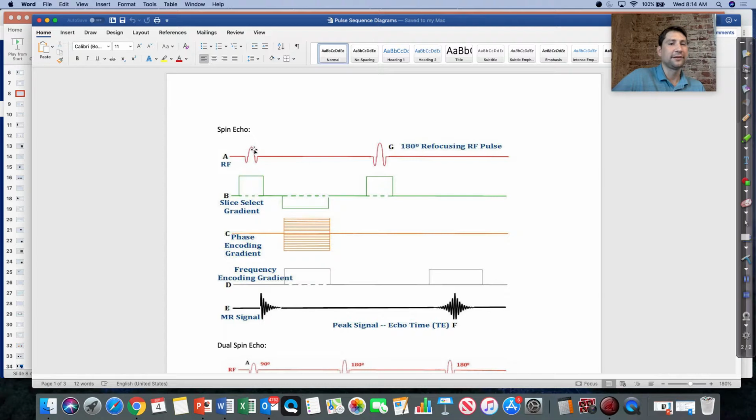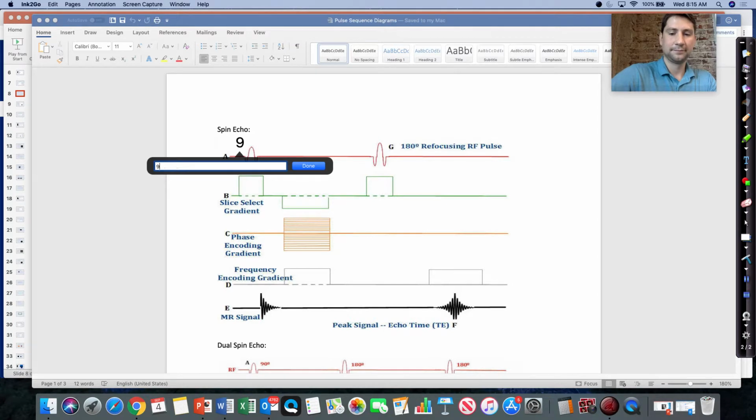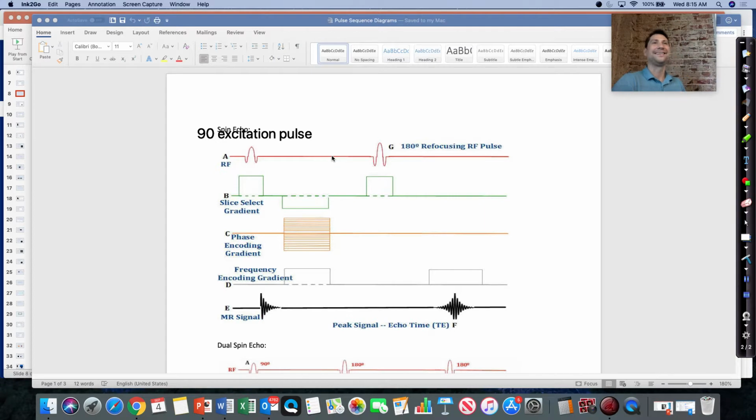So what is this pulse right here called again? Good. This first RF pulse is our 90-degree excitation pulse. And why is it 90 degrees? 90 degrees from what?